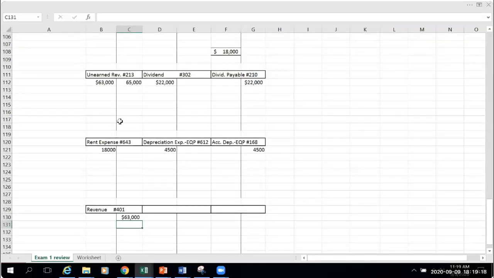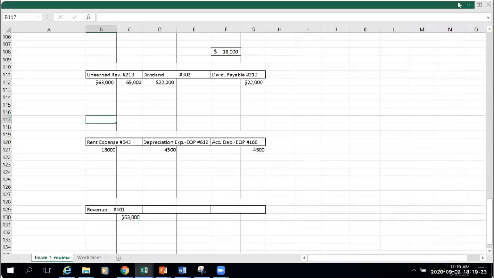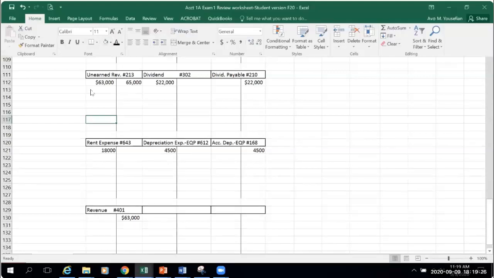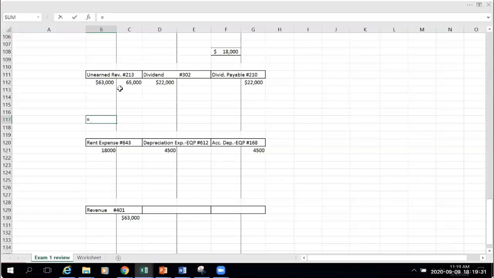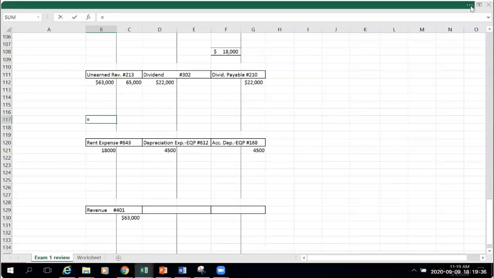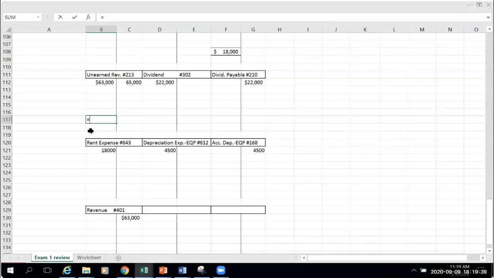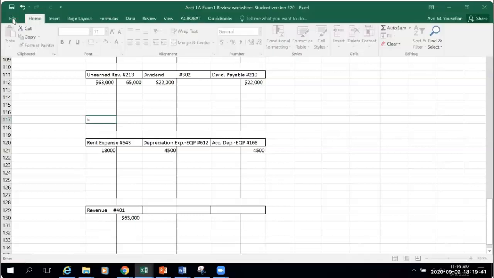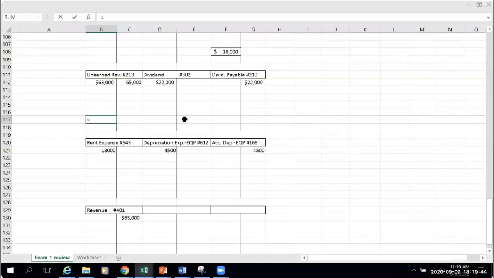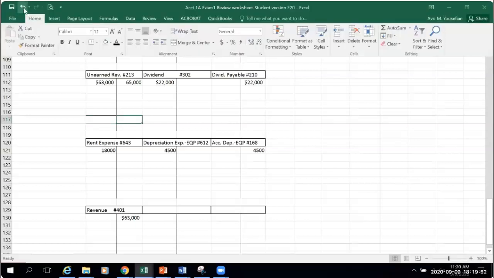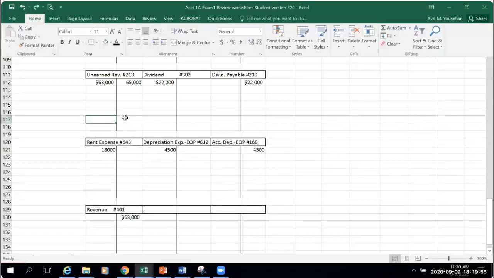Unearned revenue, let's calculate the balance. So here we go, equals to, oops, no, this is wrong. Wrong. This side.